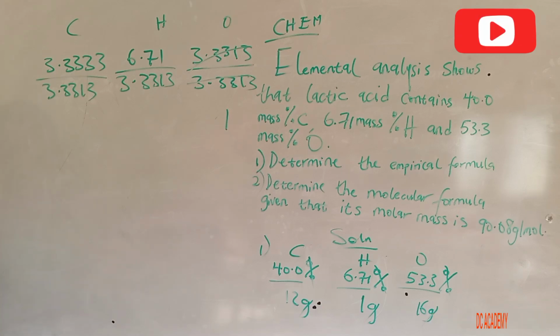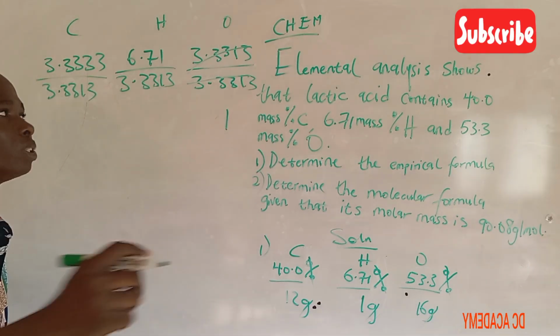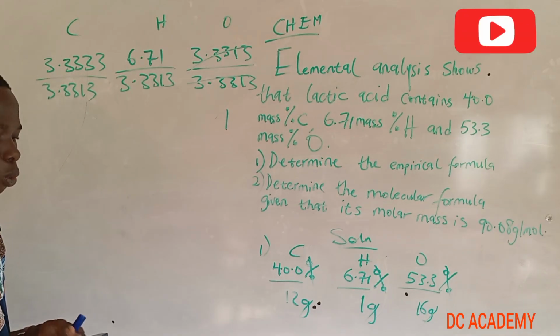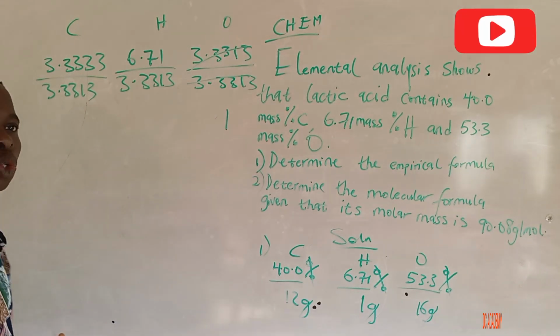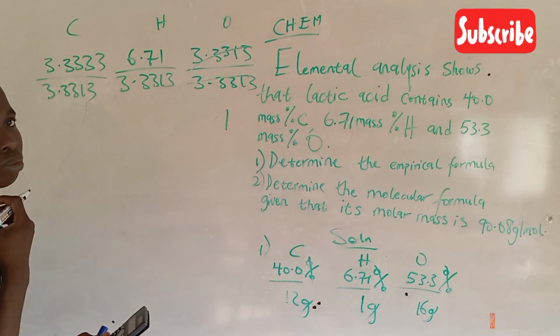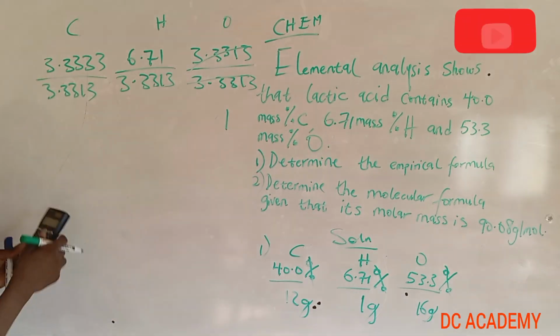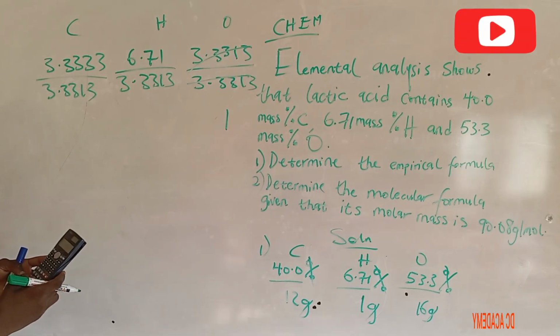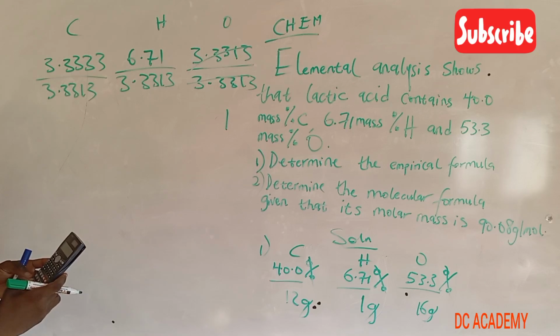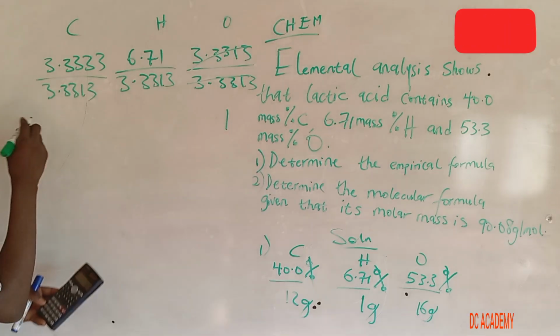Another thing to know is that the empirical formula deals with the ratio of the elements in that compound, while the molecular formula deals with the actual number of atoms of each element in that compound. So, let's go. 3.3333 divided by 3.3313, that is 1.0.